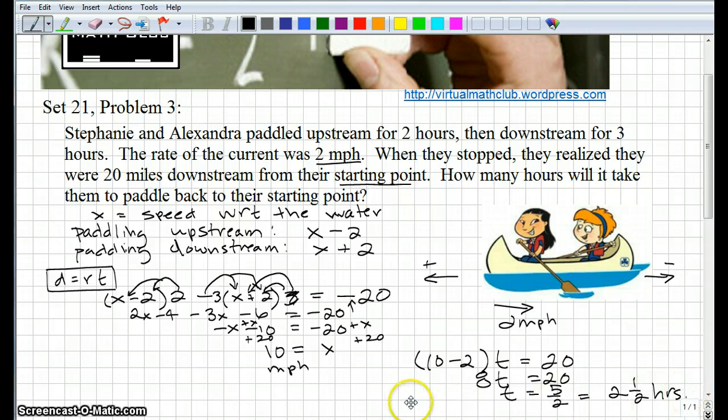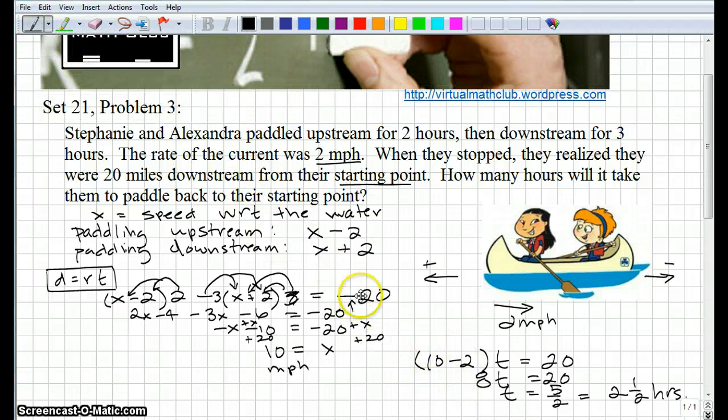Okay? Does that make sense? Now you notice here I didn't use a negative, because we're going upstream now, so we want to go in the positive direction.